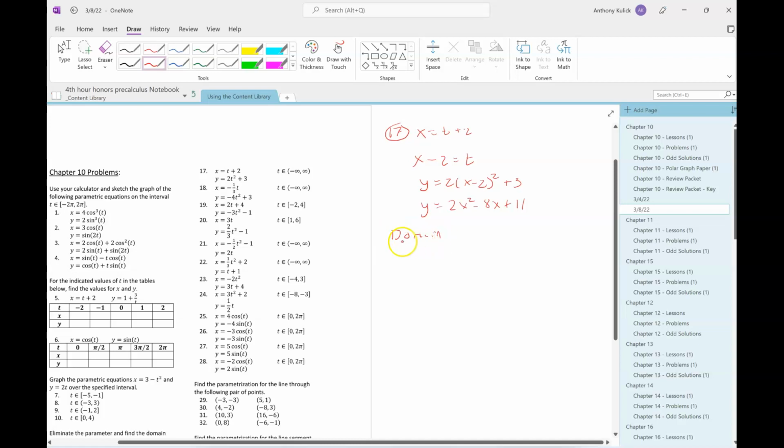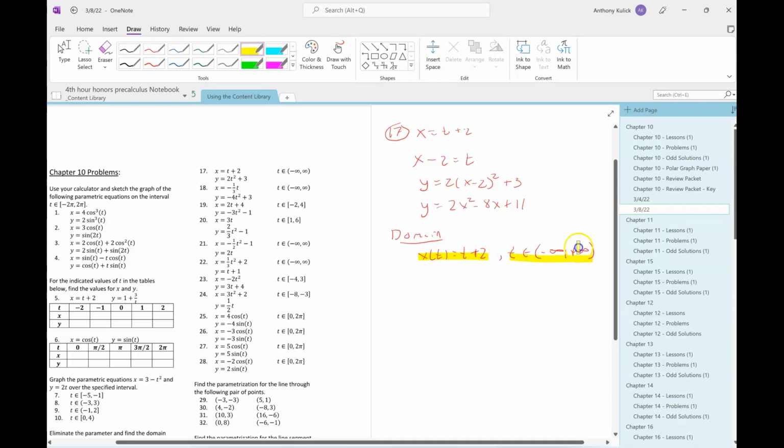To get the domain, we're going to look at the x of t function, where t is defined over all real numbers. So the outputs of x of t are the x coordinates. I notice that x of t is what kind of function? Linear.